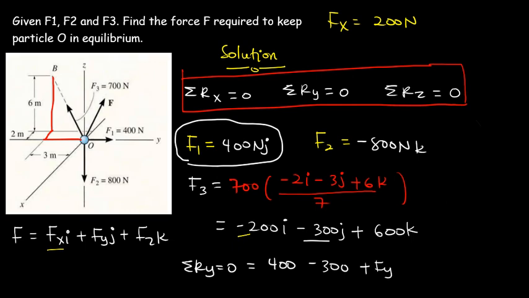And we know all that is going to be equal to 0. So let's solve for Fy. You're going to get Fy to be equal to minus 100 newtons.